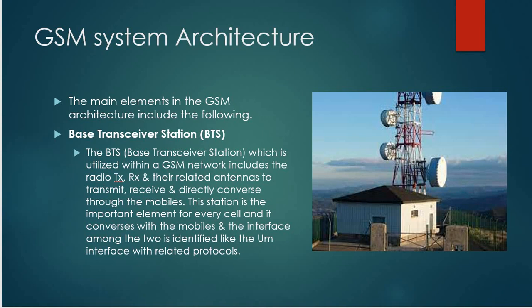All these things are the BTS, which is utilized within the GSM network and includes the radio for transmission and reception, TX and RX, and the related antennas to transmit and receive, or directly converse, with the mobiles.